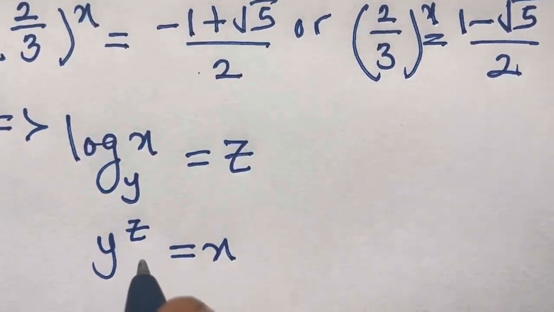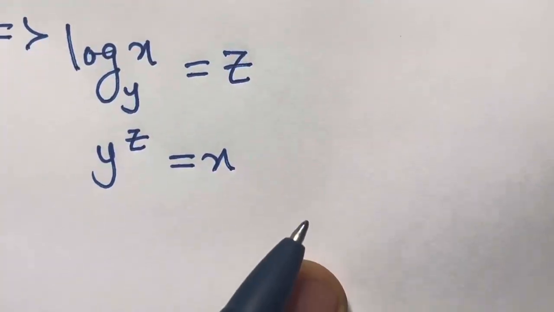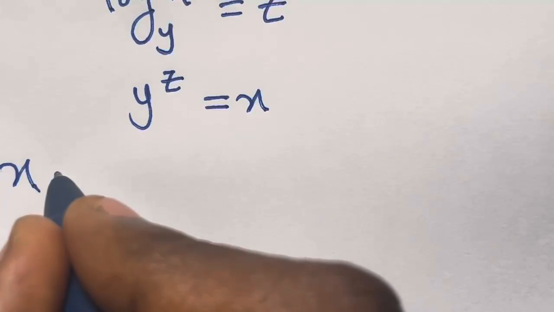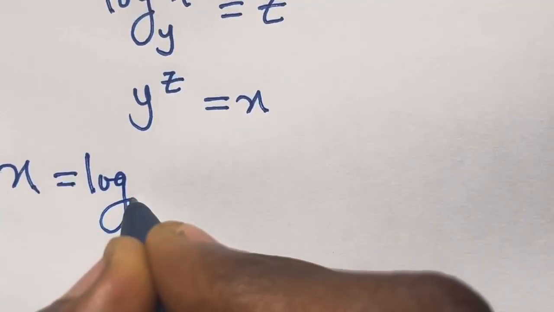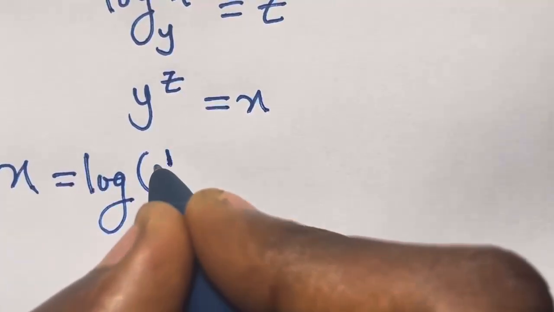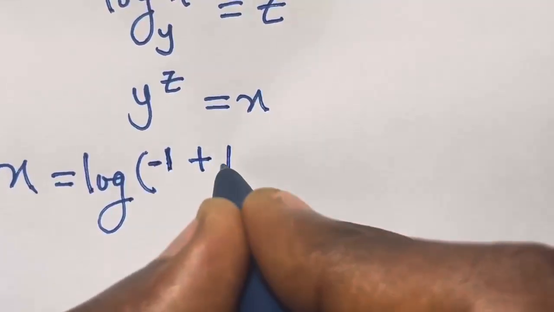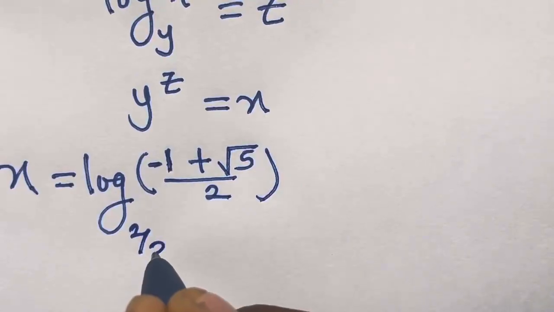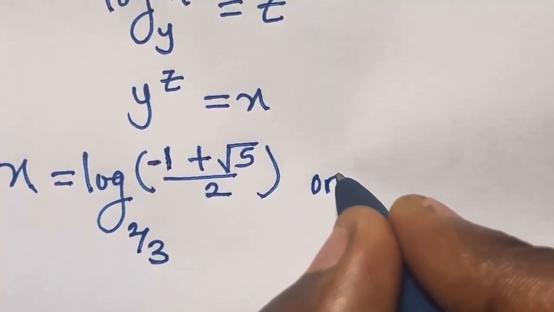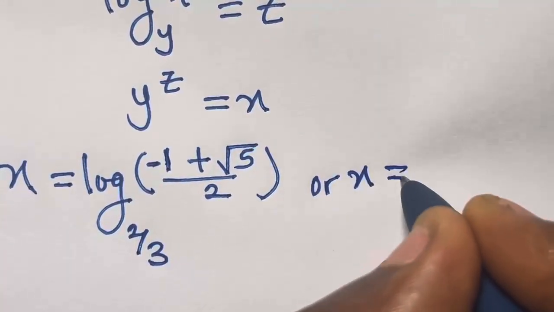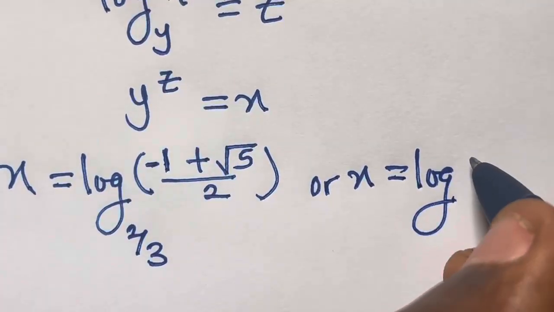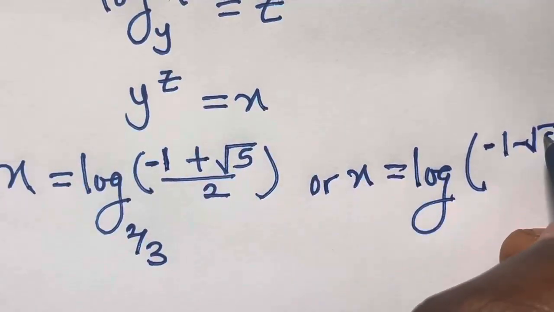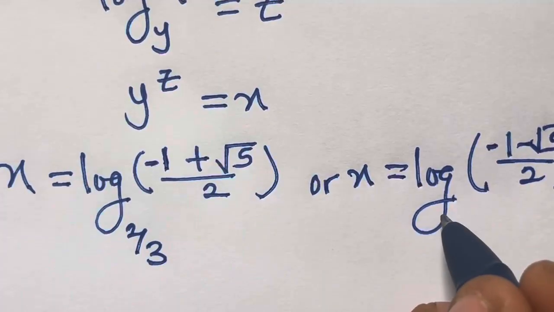Applying this, we have x equals log of (-1 + √5)/2 in base 2/3, or x equals log of (-1 - √5)/2 in base 2/3.